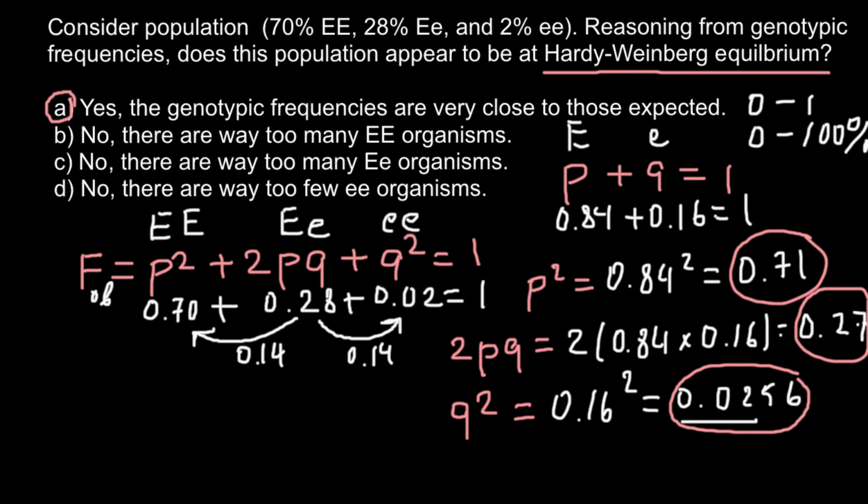So the small deviation of the expected ratios from the observed ratios or frequencies probably can be explained by a slow mutation rate, and this is something that is unavoidable in any community. So, as you see, the correct answer would be answer A.